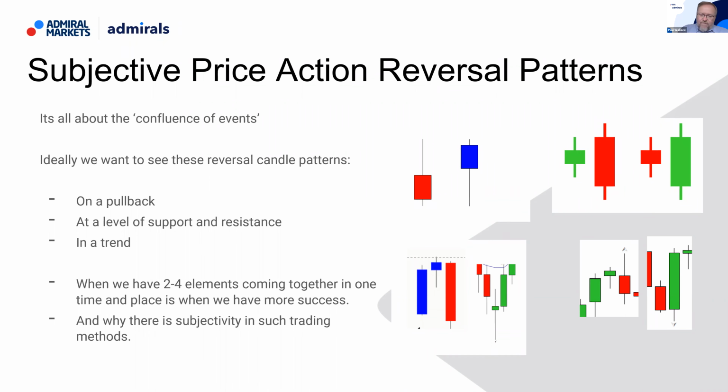When you have two to four elements coming together in one time and place, that is when you're more likely to have better trade selection. And while there is an element of subjectivity, because you are waiting for these elements to come together, it doesn't matter whether you're trading 30-minute charts or monthly charts. It's waiting and identifying when these particular areas come together.